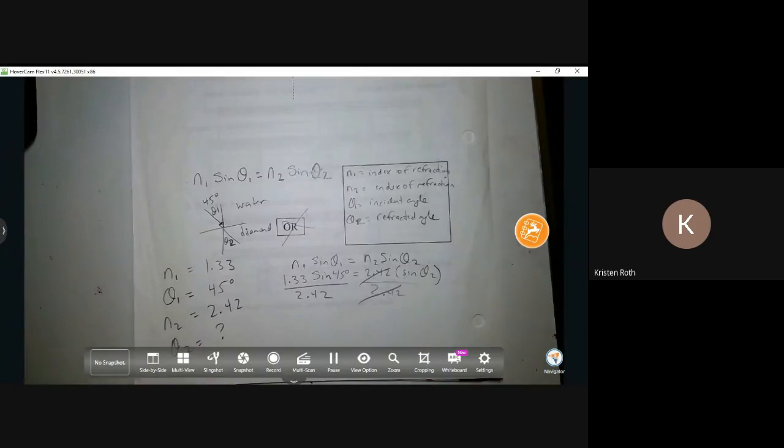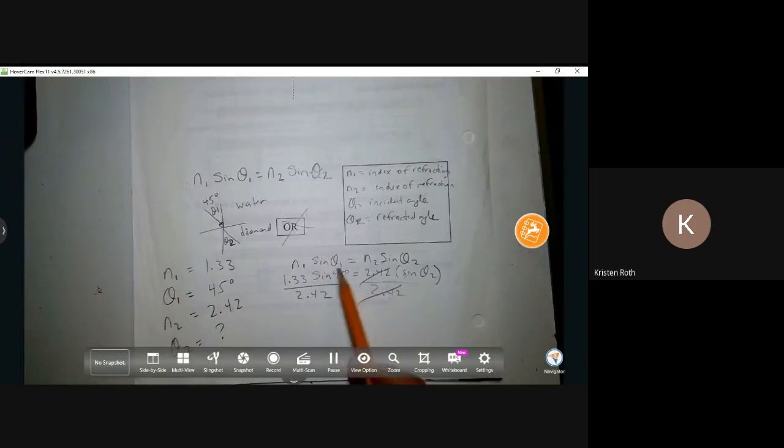I will do that right now. Okay, so I got my 1.33. One thing I have to make sure you guys understand is that some calculators you have to put sine in first.